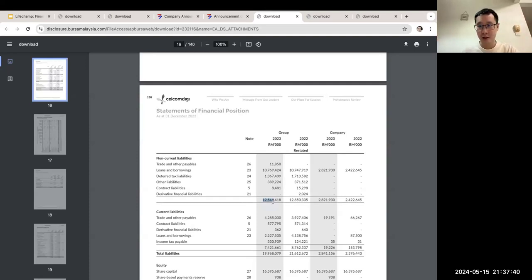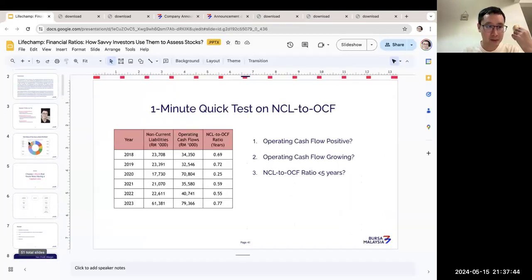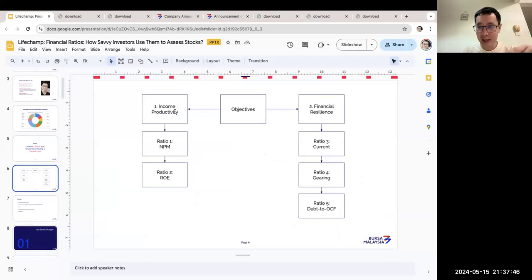Because at the end of the day, what you want in a company is one that is income productive, cash flow generative, and has balance sheet strength. If you have these three in mind, usually the fundamentals of the company shouldn't be that bad, lah.